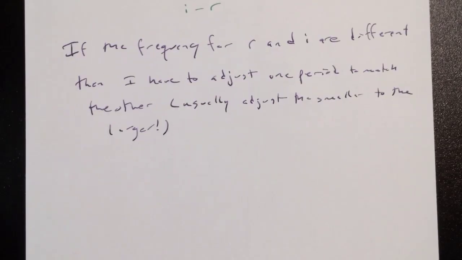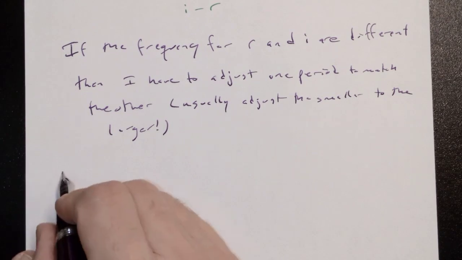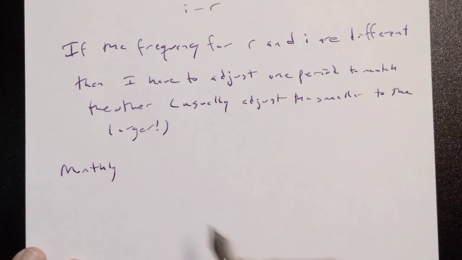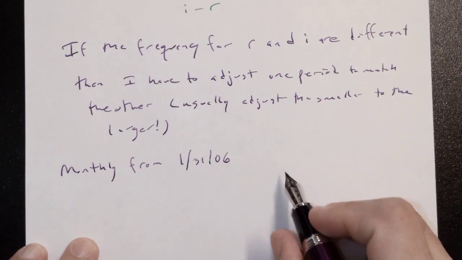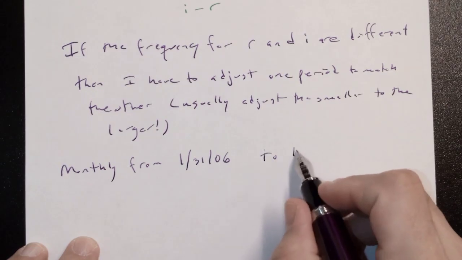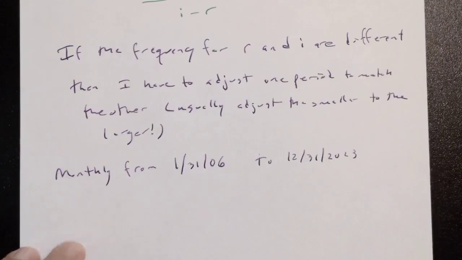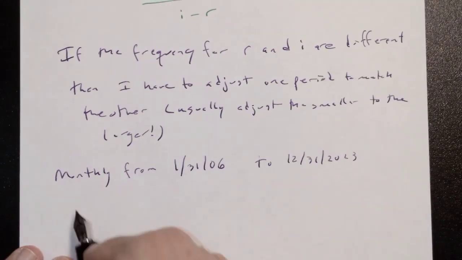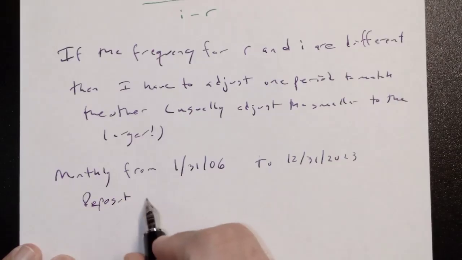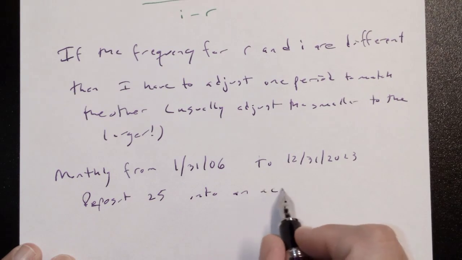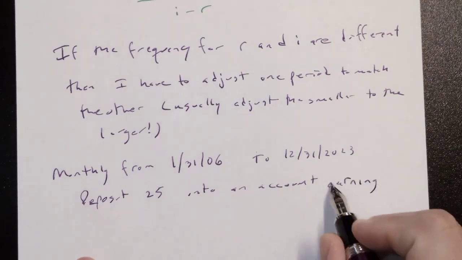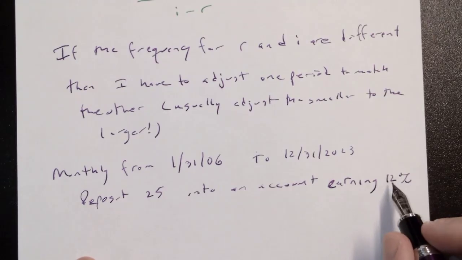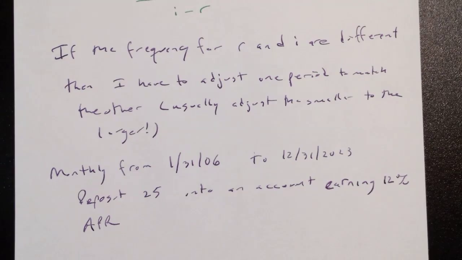So here's an example. Monthly, from January 31st, 2006 through to December 31st of 2023, I put a deposit of $25 into an account earning 12% APR, compounded monthly.